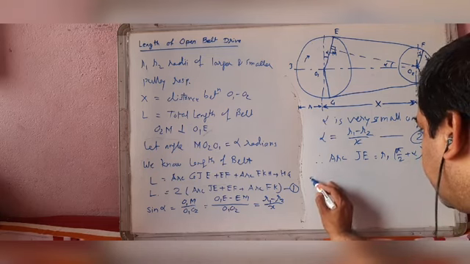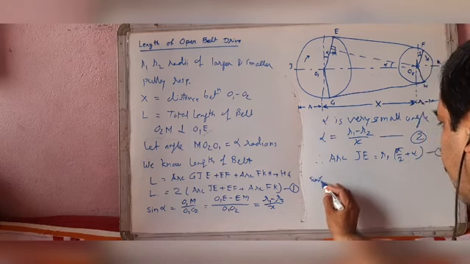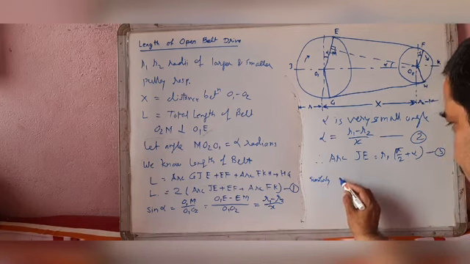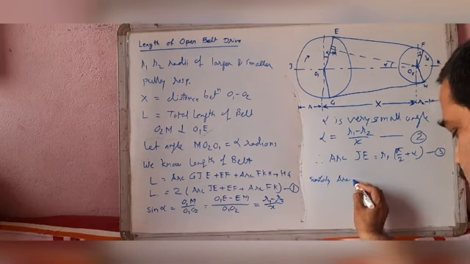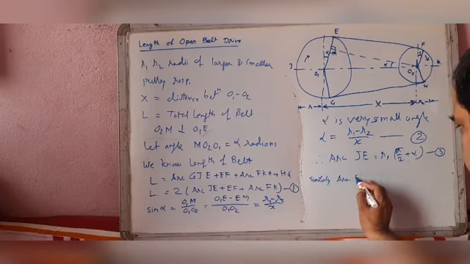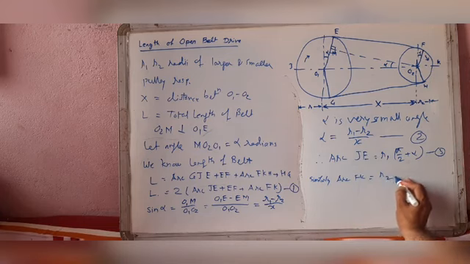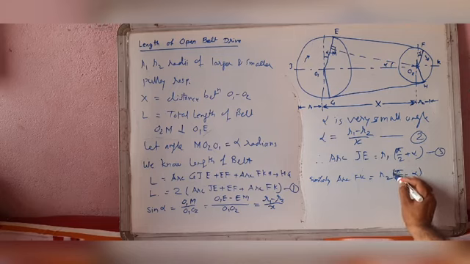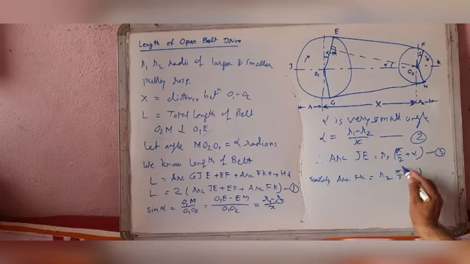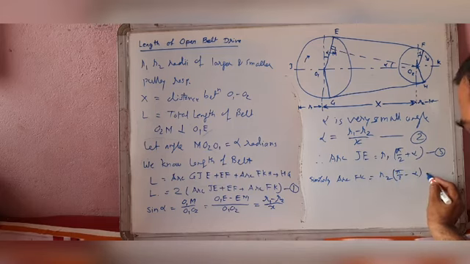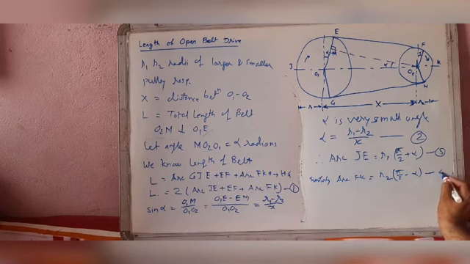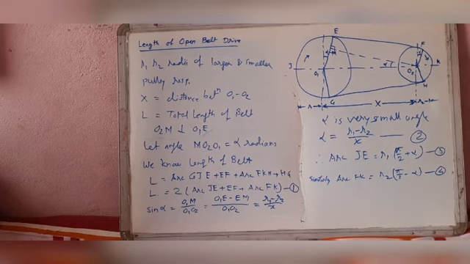Similarly, arc FK is equal to R2 times pi by 2 minus alpha. Here this is 90 minus alpha, so this is pi by 2 minus alpha. This is equation number 4.